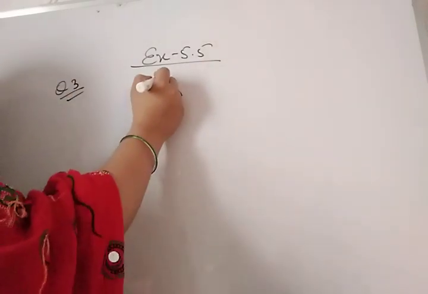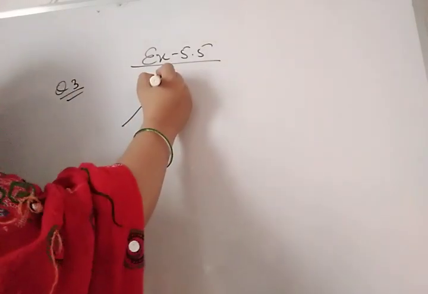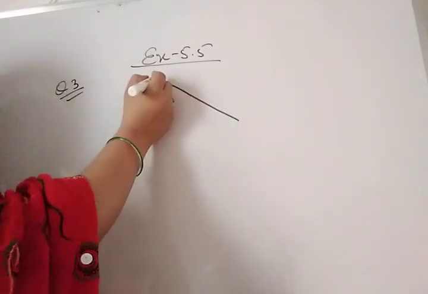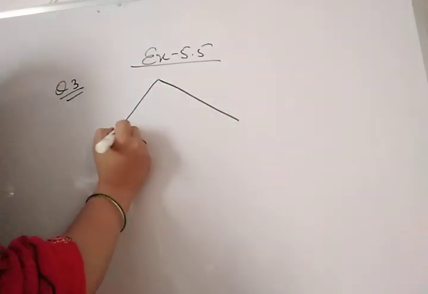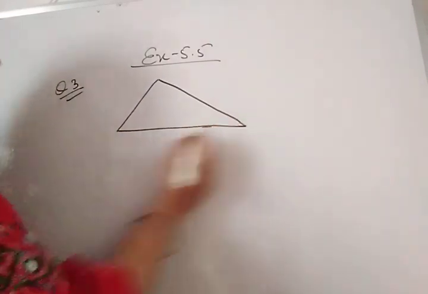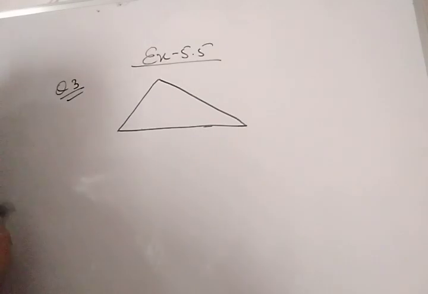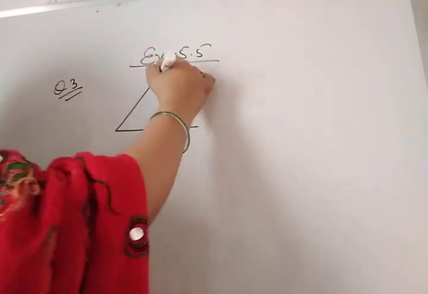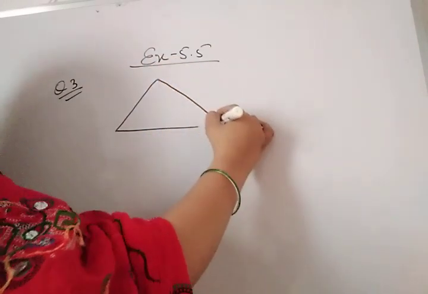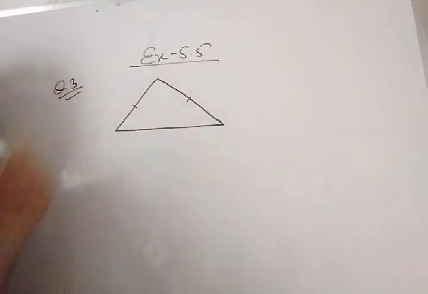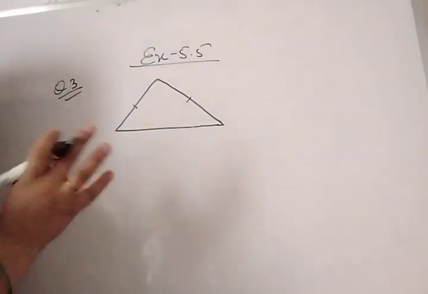There are two set squares in your geometry box. We have to find out the angles of these set squares. Now, one of the set squares in your geometry box is like this, whose both sides are equal to each other, meaning it is forming an isosceles triangle.